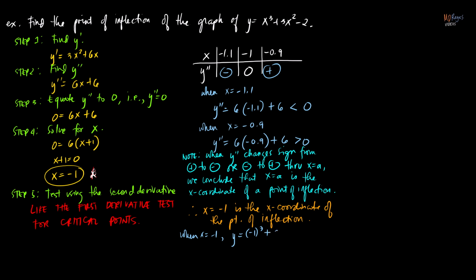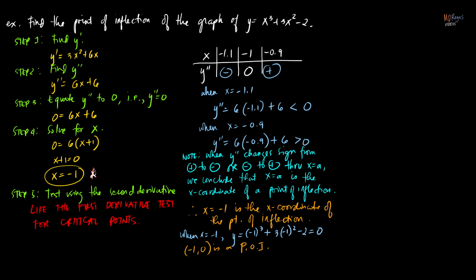So that's negative 1 cubed plus 3 times negative 1 squared minus 2, and we'll get from there y is equal to 0. So therefore, the point with the x-coordinate negative 1 and the y-coordinate 0 is a point of inflection. POI for point of inflection.